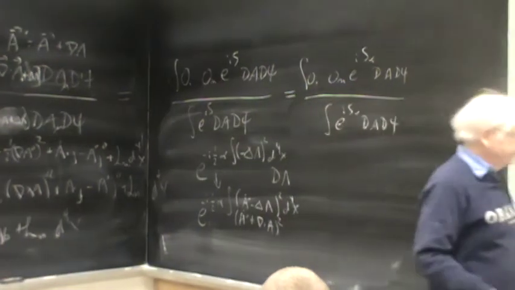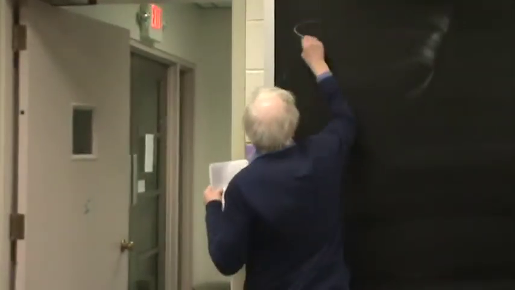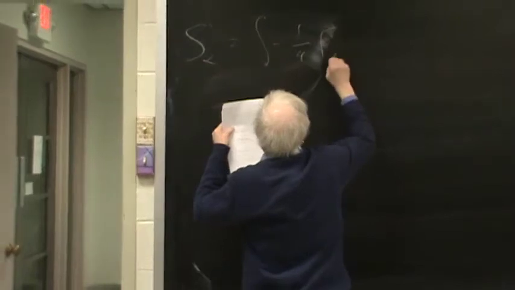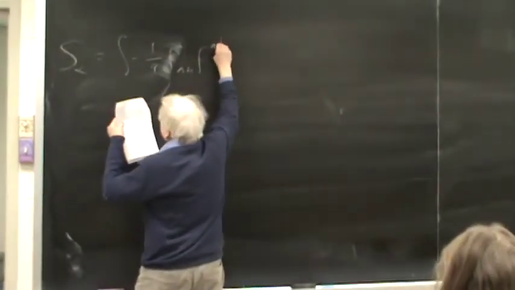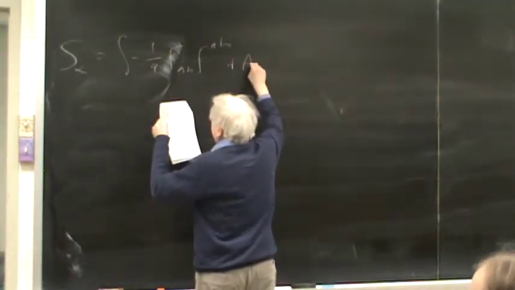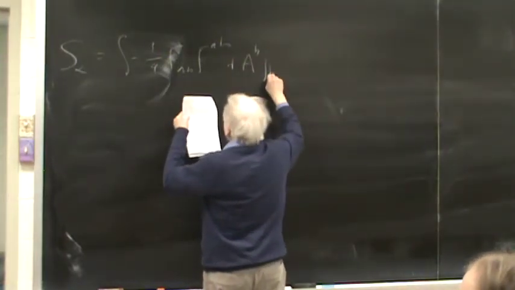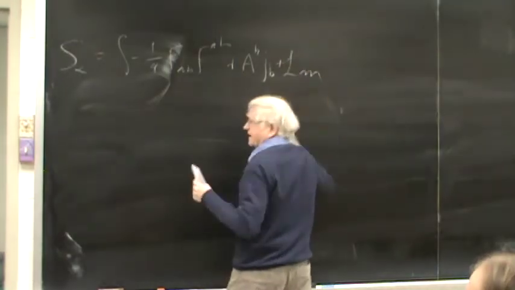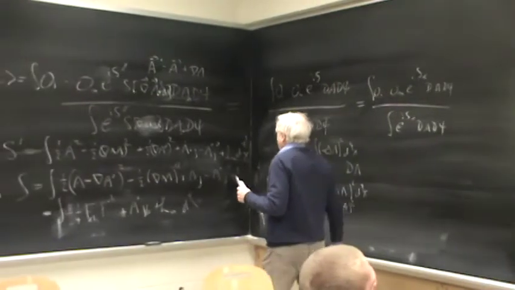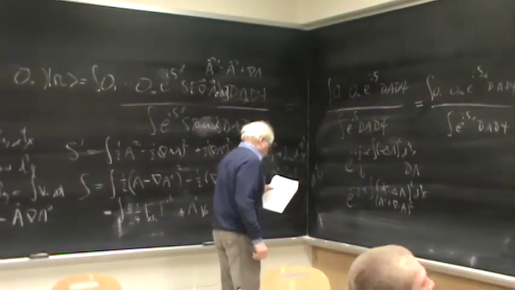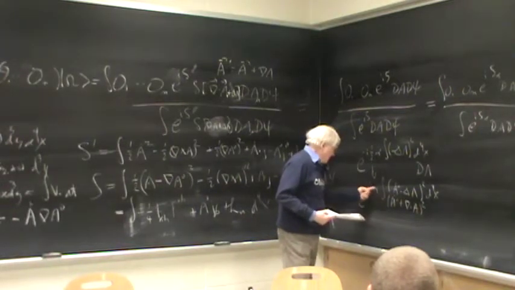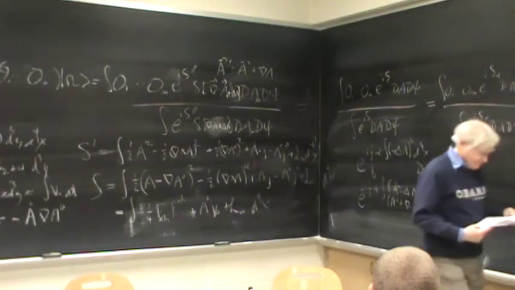Well, let's go over here. S alpha is minus a quarter F_AB squared. In fact, let me write the gauge invariant part. So it's all that gauge invariant part, and then what we have is this term, which is minus i alpha over 2 times that.